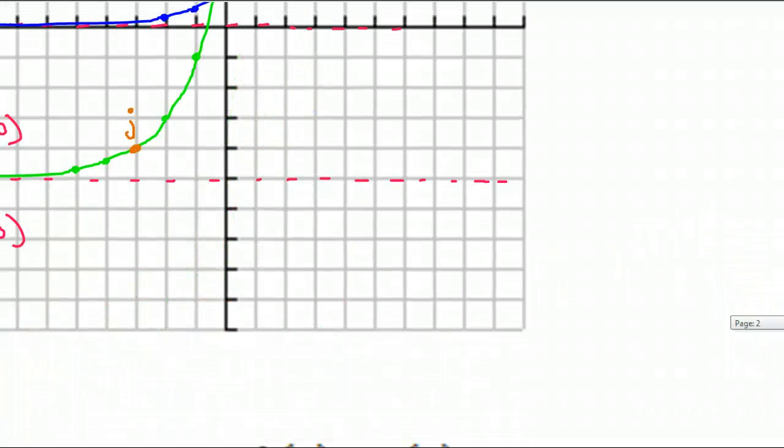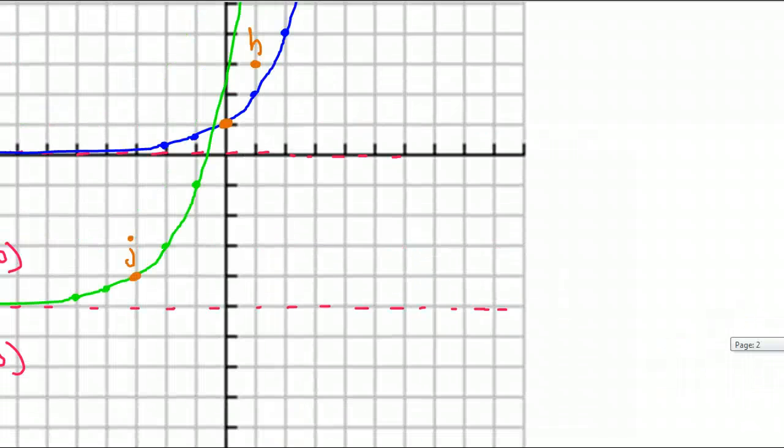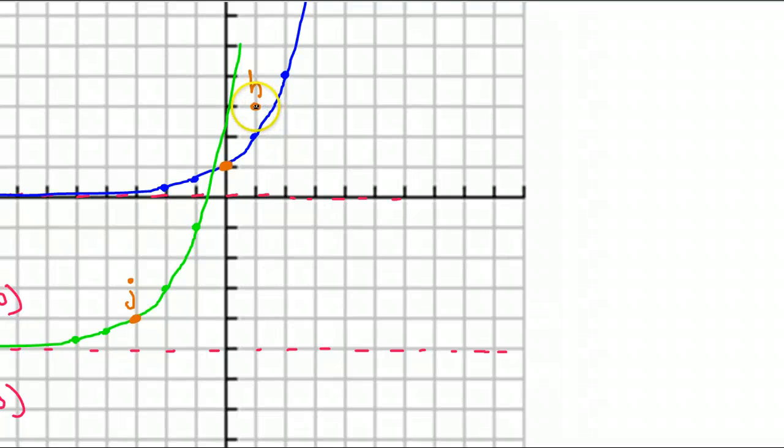Now, we're supposed to figure out how we would get from h to j. So now that I have these two key points on the same graph, I can start to ask myself how I would get from h to j. Well, I would have to go left and down to get to j. So I'd have to go left 1, 2, 3, 4, and down 1, 2, 3, 4, 5, 6, 7.